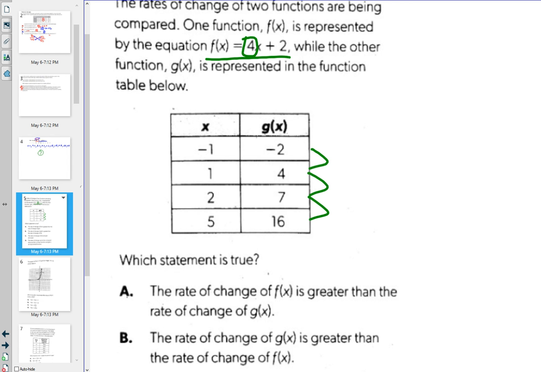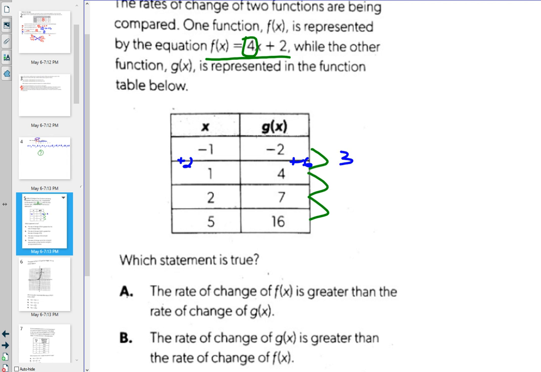So if you're wondering how I do slope quick in my head, it's rise over run. To get from -2 to 4, what are we doing? You're adding 6. From -2 to 4, this is +6. But then from -1 to 1, what are we doing? It's +2. So rise over run, 6 divided by 2, is 3.